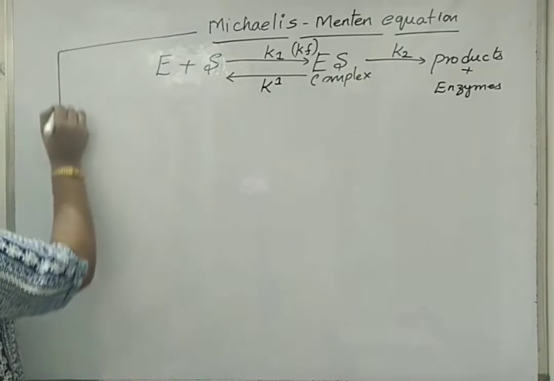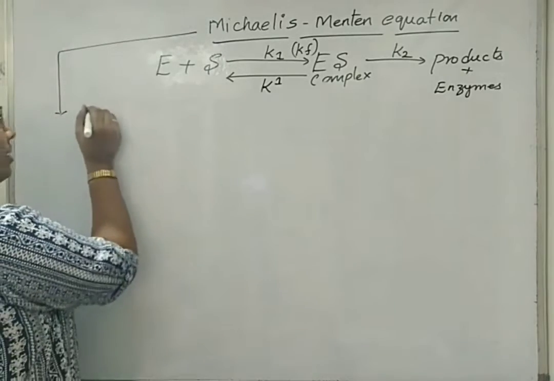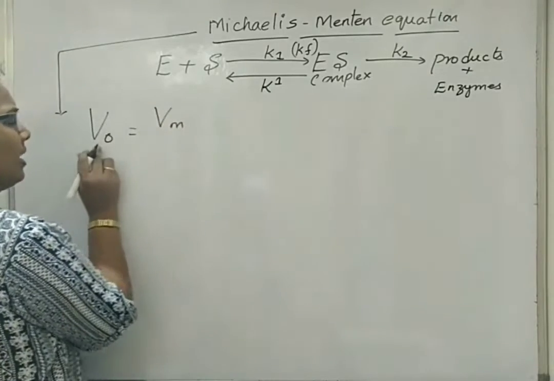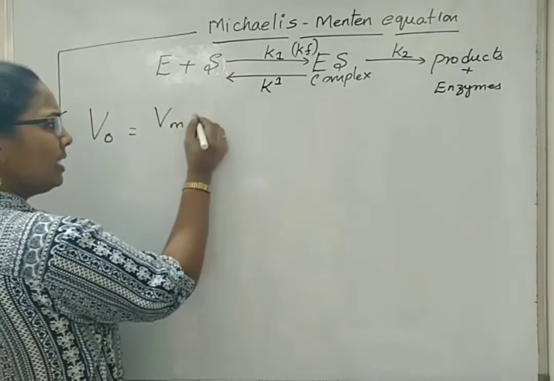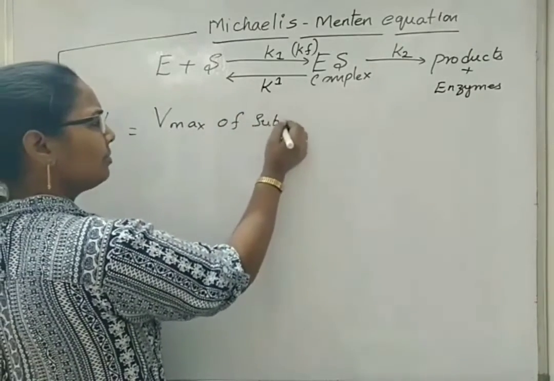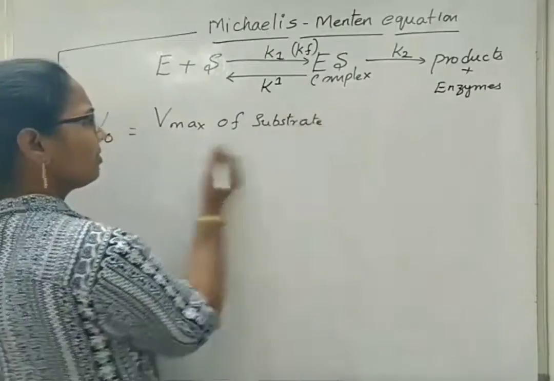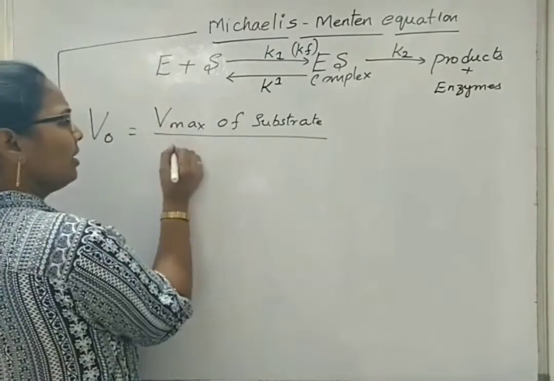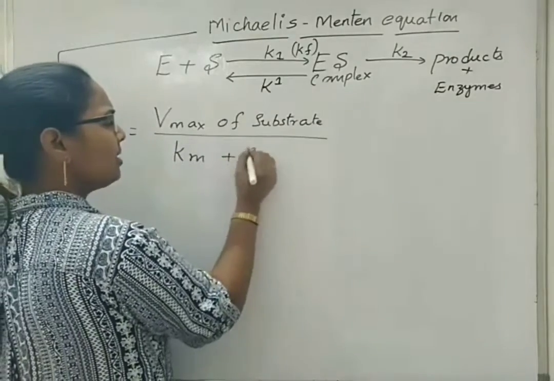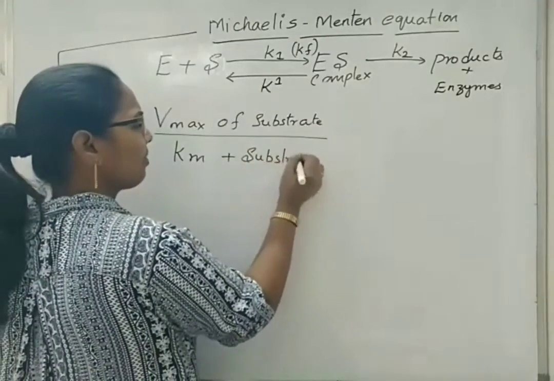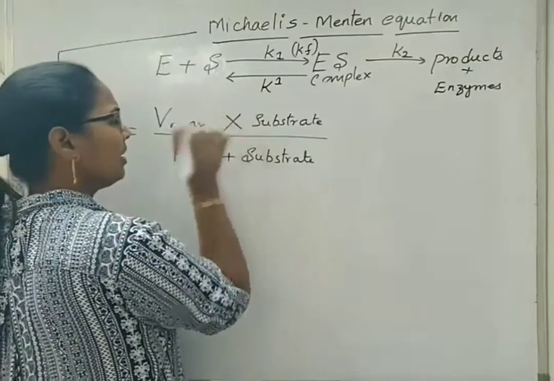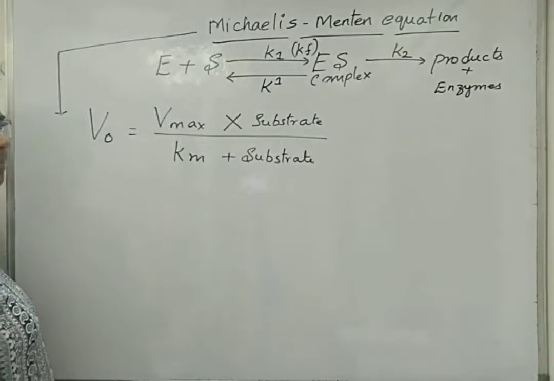What then is the Michaelis-Menten equation? If we go directly to the equation, we write: initial velocity of the reaction V0 is equal to maximum velocity Vmax multiplied by substrate concentration, divided by the Km value plus again the substrate concentration. Here the word "of" we replace with a multiplication symbol.